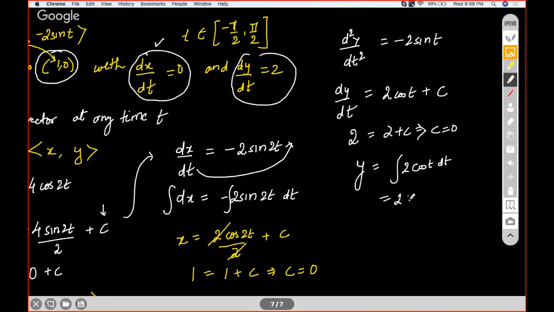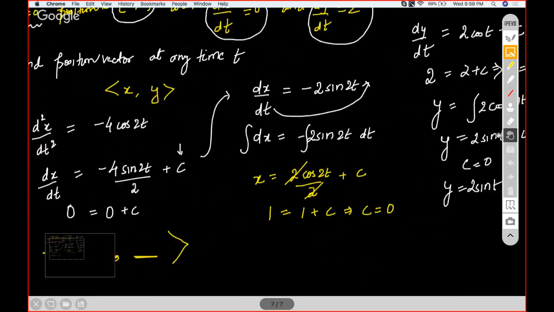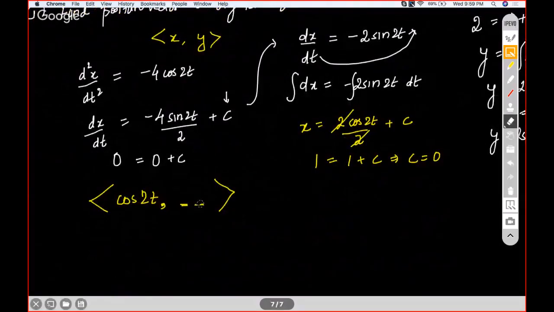That's going to be 2 sin t, again plus a c. And I know when y is 0, t is also 0. So c is again 0 over here. So y is equal to 2 sin t. So yes, this is the position vector of the particle. The position vector is cos 2t, comma 2 sin t.